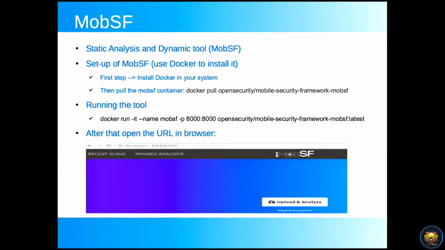But if you do not want Docker, there are some packages you need to install before MobSF from GitHub. For Docker, you can use this command: docker pull opensecurity/mobile-security-framework-mobsf, and then run the Docker using this command: docker run -it --name MobSF, and use -p for the port, local port 8000, forwarding to the internal Docker port 8000.